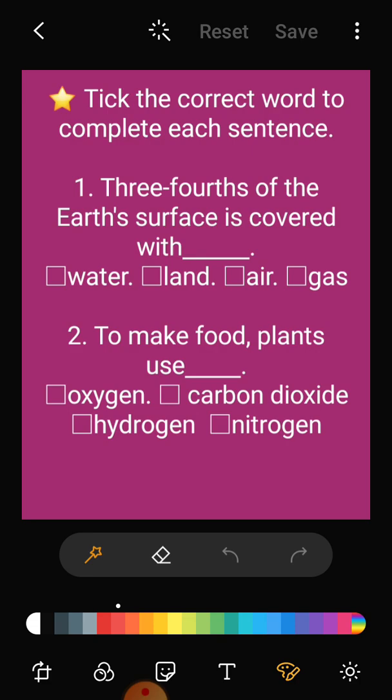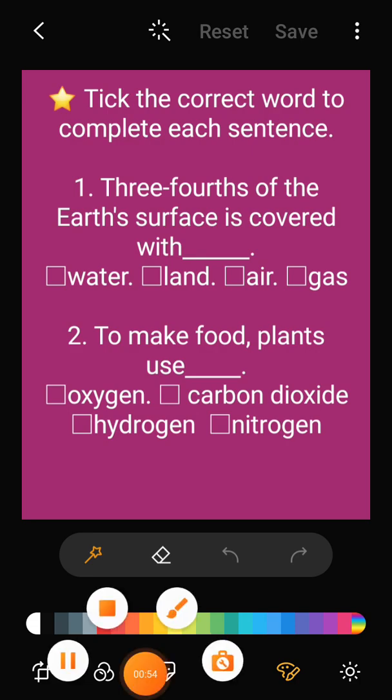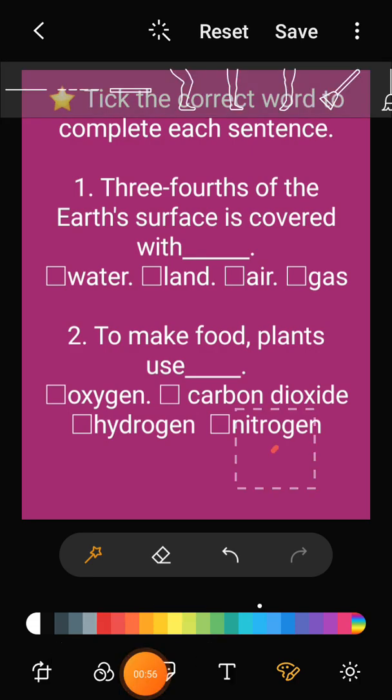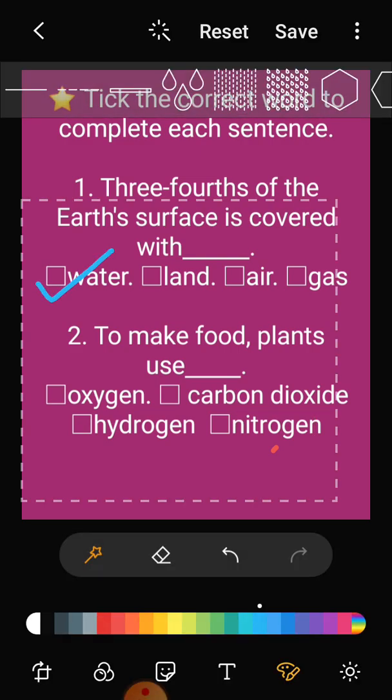Correct answer is water. 3/4 of the Earth's surface is covered with water, which living organisms need to survive.